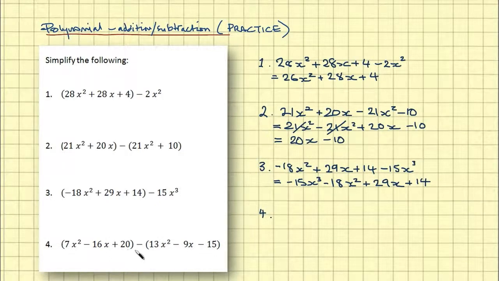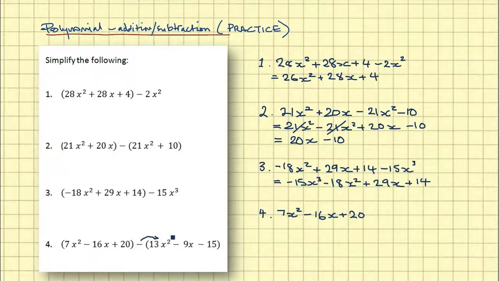Finally then, number 4. So again, this time, for the first time actually, we have a trinomial, and we're subtracting another trinomial. So a trinomial from a trinomial. And we can drop these brackets to start with, but we'll have to multiply that negative all the way through. Okay, so let's give that a go.